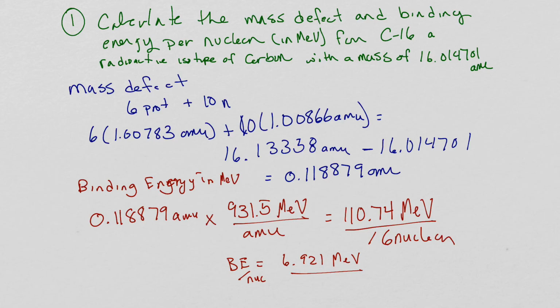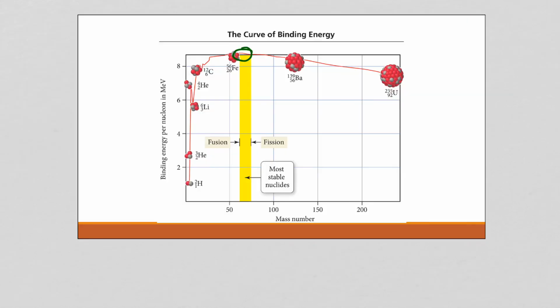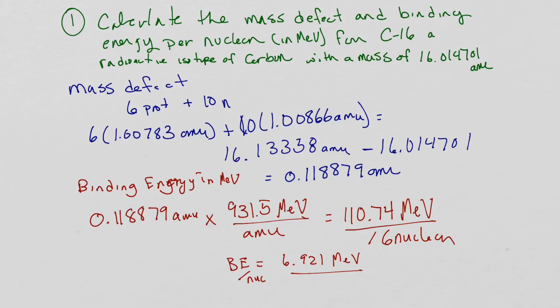If we look back at our table here, carbon-12, which is pretty stable, has a binding energy of about 7.4. So we can see that our isotope at 6.9 is going to be less stable than what we know as the non-radioactive isotope carbon-12, which has 7.4 per nucleon.